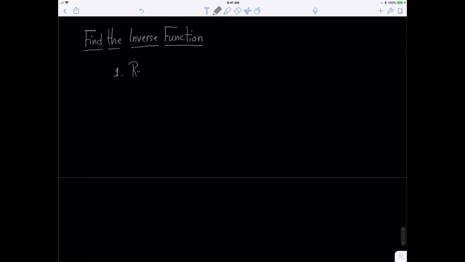replace. We're going to replace the f of x with y. 1. 2. Switch the x and y's. 3.